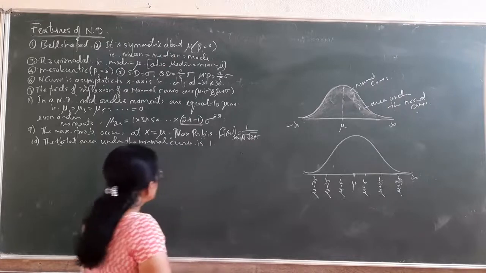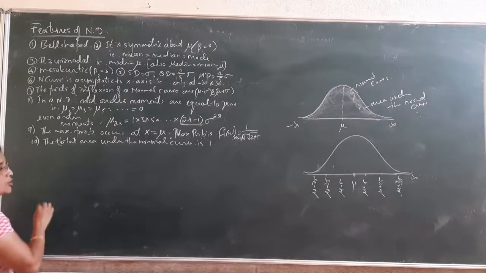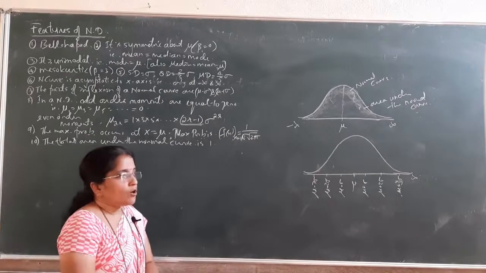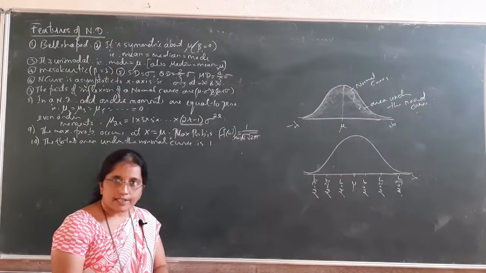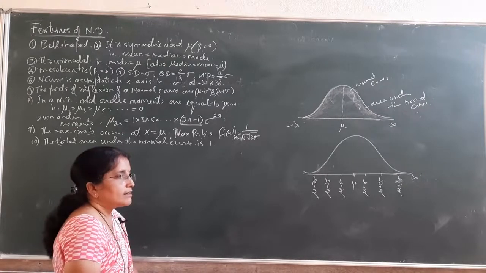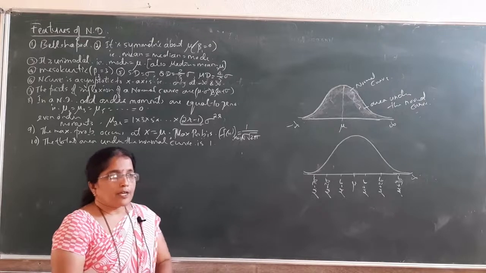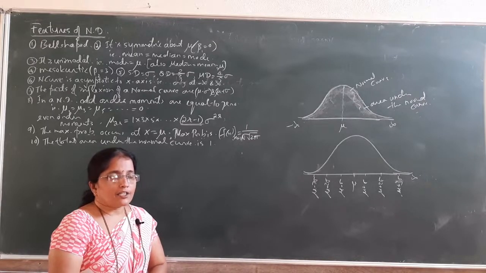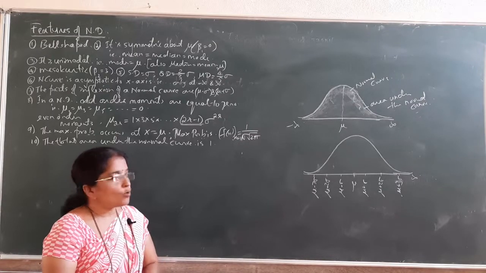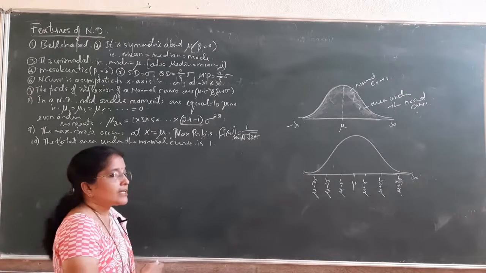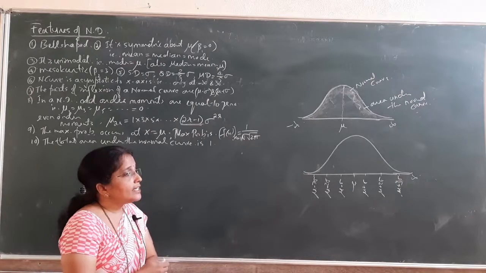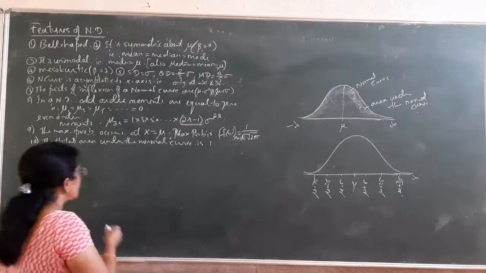Here, let us see first how to represent the probability of a normal variate taking some values, that is, maybe a normal variate less than, greater than, or in between two values. How to represent those probabilities in terms of a normal curve? Let us see that.